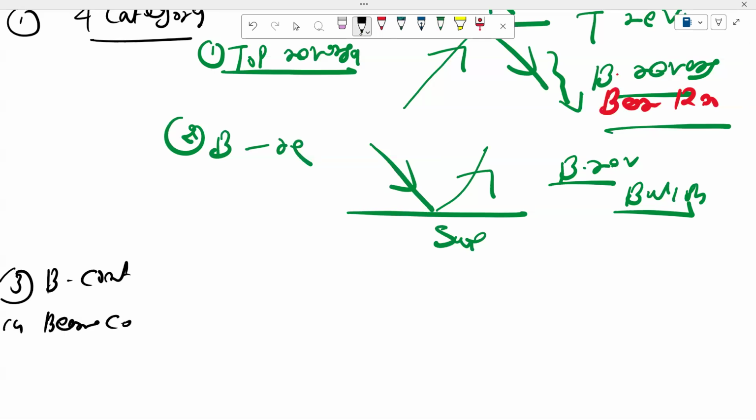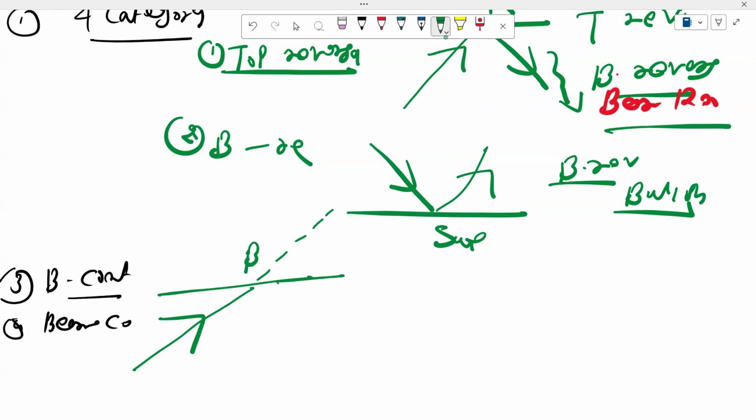How will bullish continuation look? Simple. The stock is going up and continues in the upside trajectory. And how will bearish continuation look? The stock is going down, and again it's going down. It's a continuation pattern, as the downward trajectory is continuing.